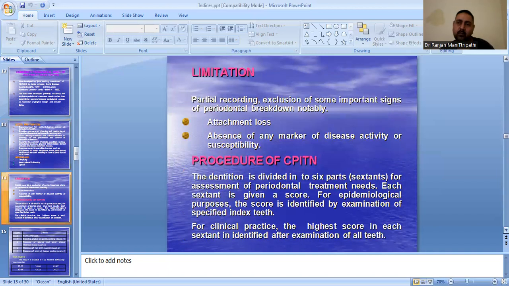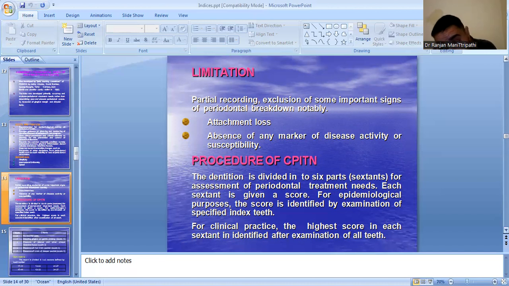There are a few limitations of this index: partial recording and exclusion of some important signs of periodontal breakdown, notably attachment loss, and absence of any marker of disease activity or susceptibility. It does not help in recording past periodontal breakdown, and it does not help in recording small gingival changes also.